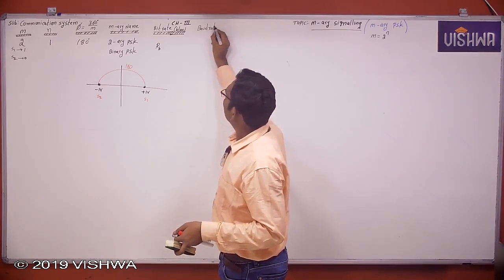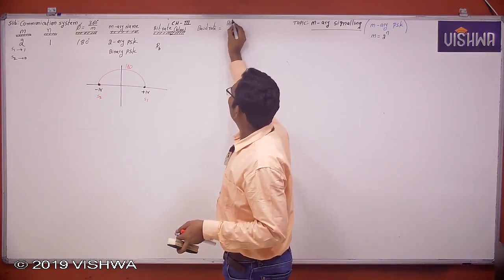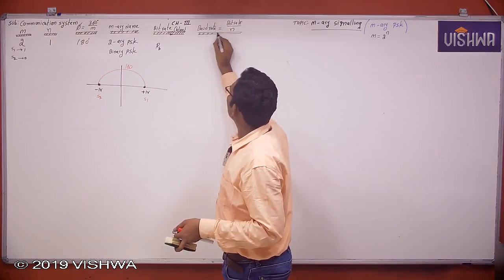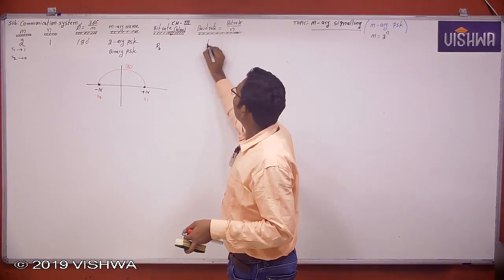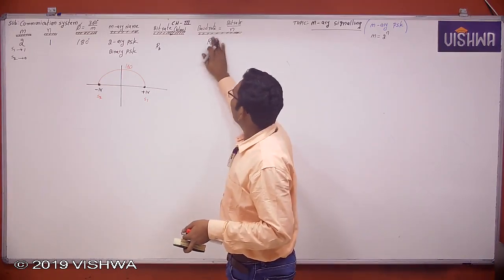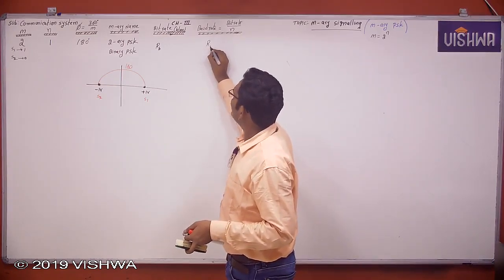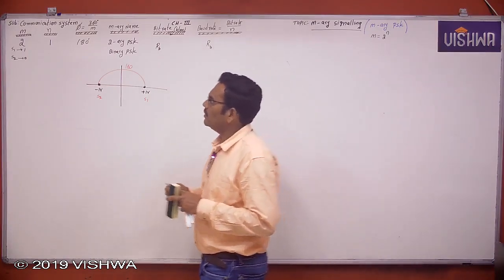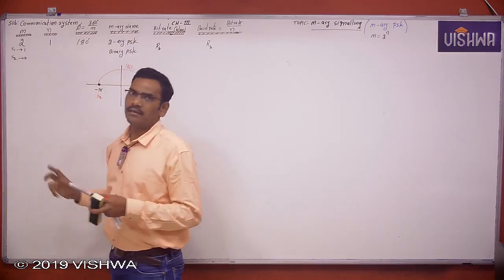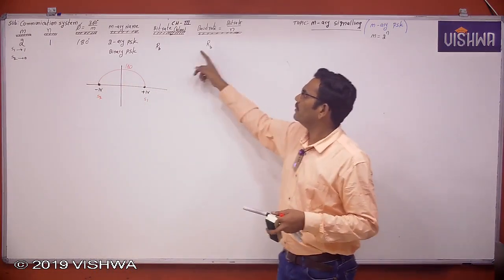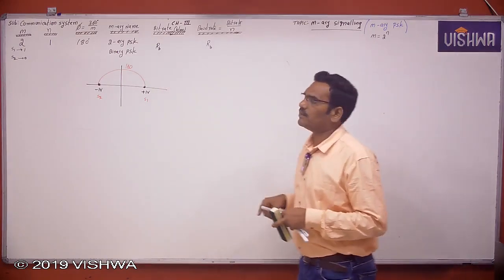The baud rate is equal to bit rate by N. Bit rate is R_B, N is 1. Therefore, in BPSK, bit rate and baud rate are both the same. Why? Because one symbol is one bit. Symbol rate means baud rate. Bit rate means number of bits generated per second. Both are the same.